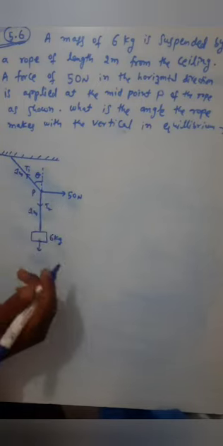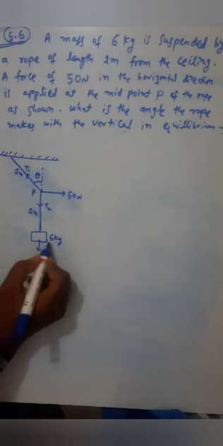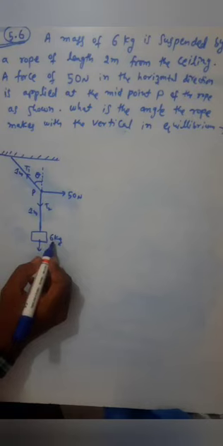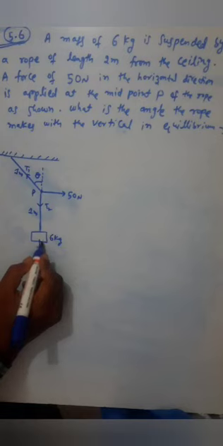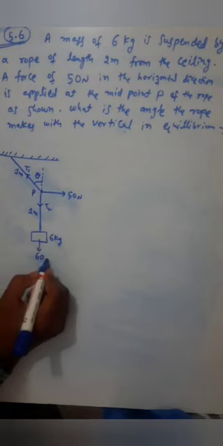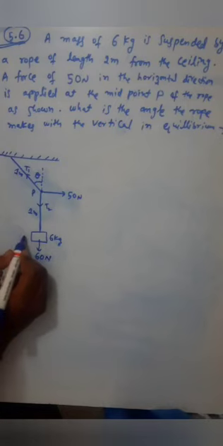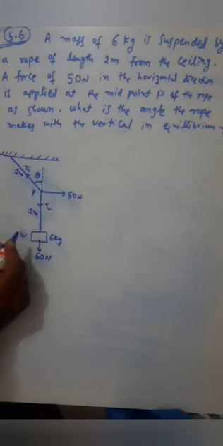In the same way, here we have the 6 kg mass, so the gravitational force is mg, taking g as 10 meters per second squared. It is directed downwards and is 60 newtons. I am calling this W.